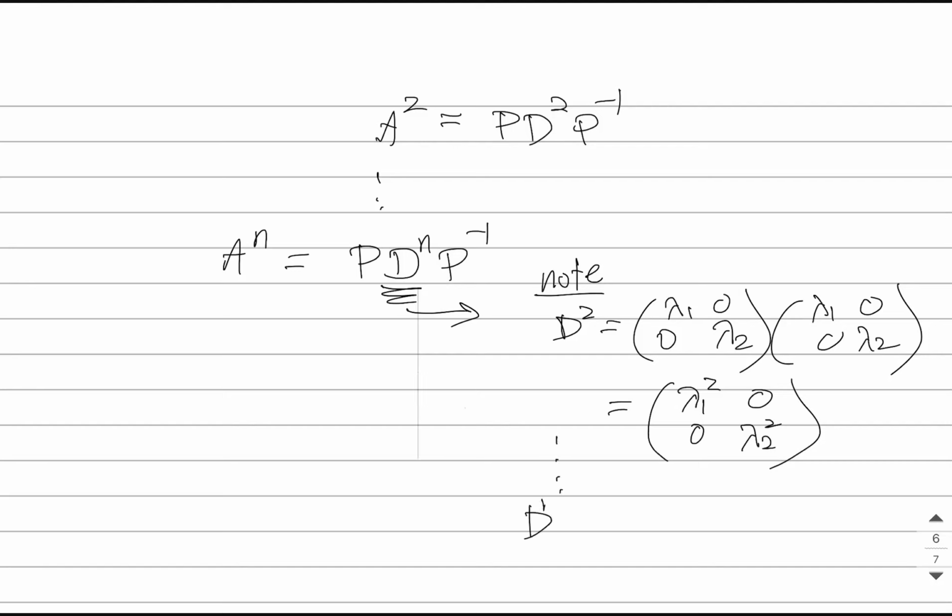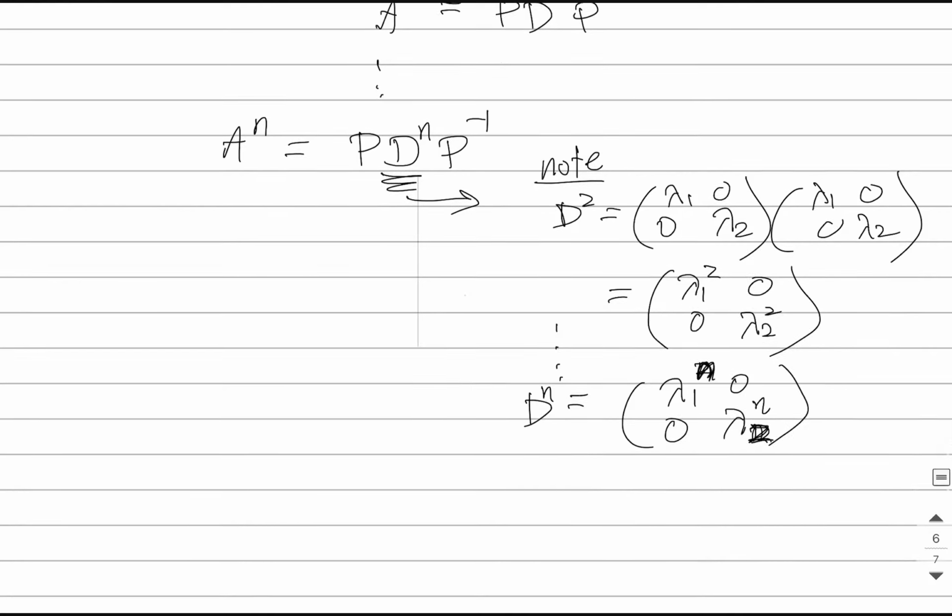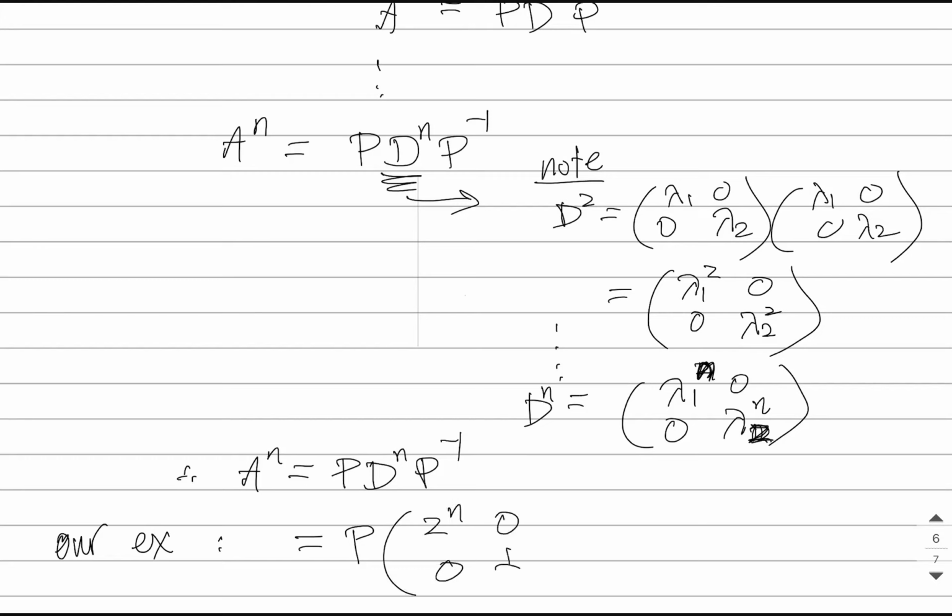If you generalize this, if you ever have a diagonal matrix, all that will end up happening is that you just raise the diagonals to the right power. In our example, we would have P, this 2 to the n, 0, 1/2 to the n, with a P inverse.